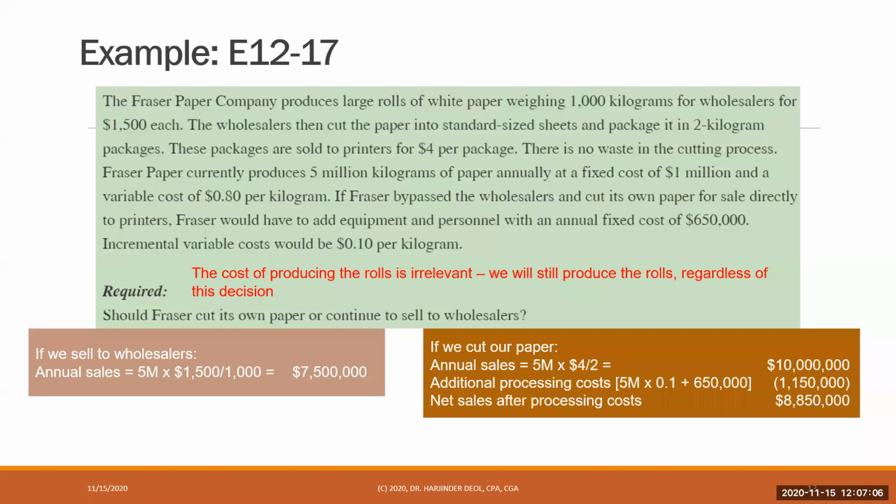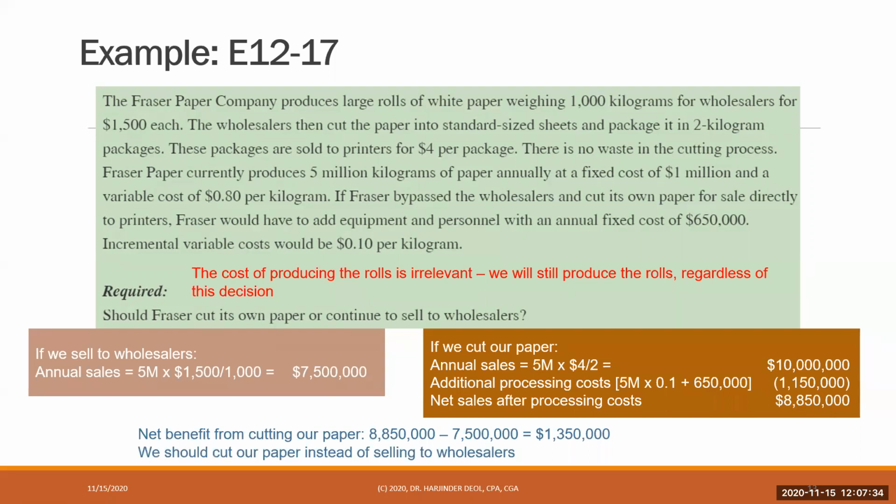If we compare the $8,850,000 to our current sales of $7.5 million, then certainly this is a more attractive option. So the recommendation in this case will be that, given the fact that we have a net benefit from cutting our paper of $1,350,000, Fraser should cut its paper instead of selling to wholesalers.